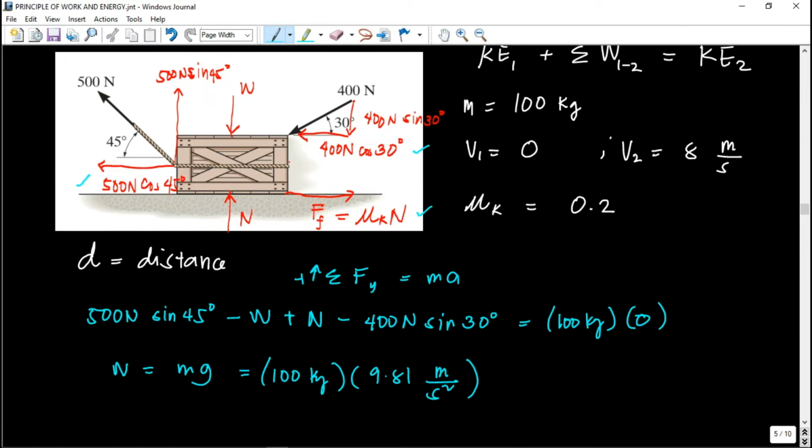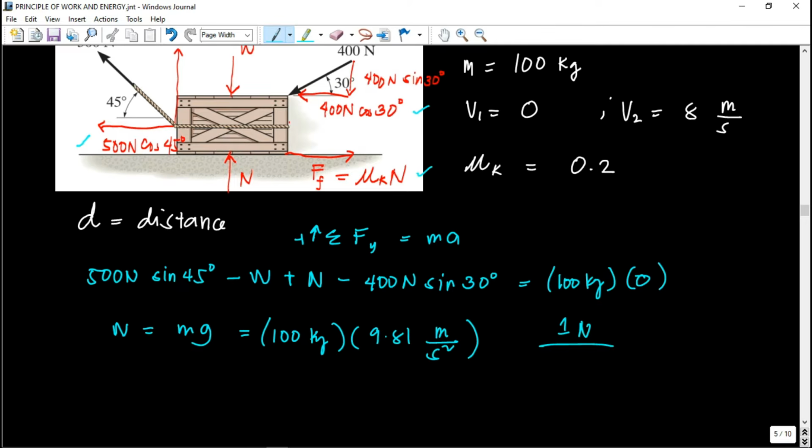A kilogram meter per second squared is an equivalent unit for newton, so watch out for your conversion: 1 newton per 1 kilogram meter per second squared. You can get your scientific calculators for the computation. So 100 times 9.81 is 981 newtons. The weight of the crate is 981 newtons.